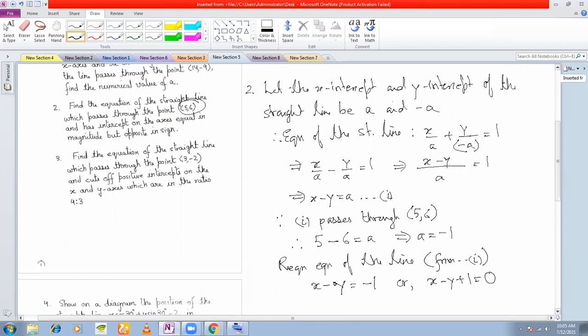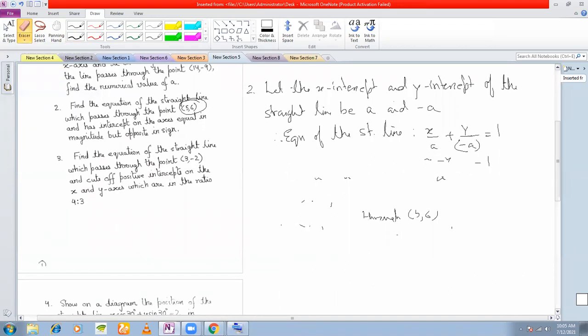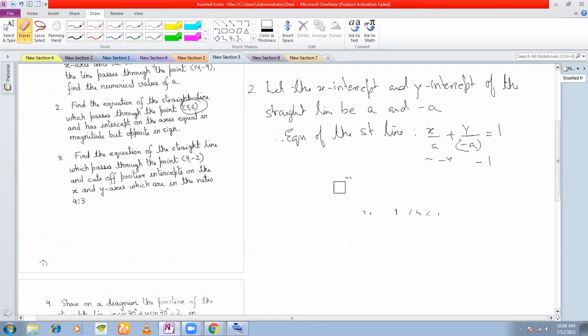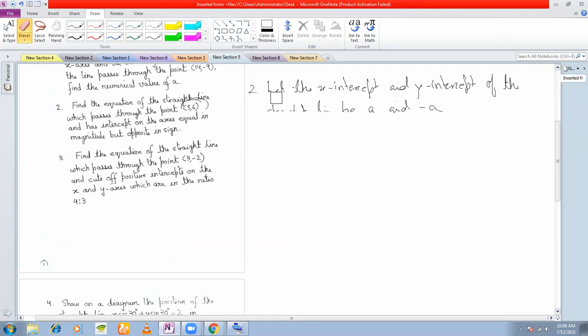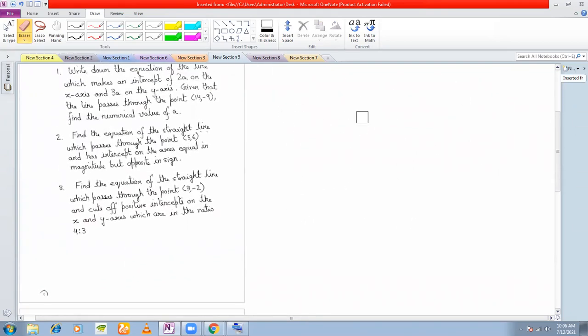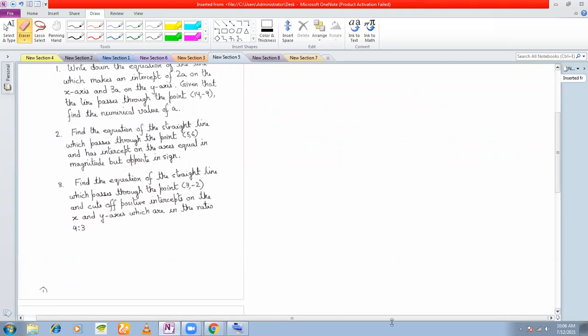This is the required equation of the line. Okay, easy enough. Any question? No, sir. Moving on to the next problem. Find the equation of the straight line which passes through the point 3, minus 2 and cuts off intercepts on the x and y axes which are in the ratio 4:3. So the intercepts are in the ratio 4:3.